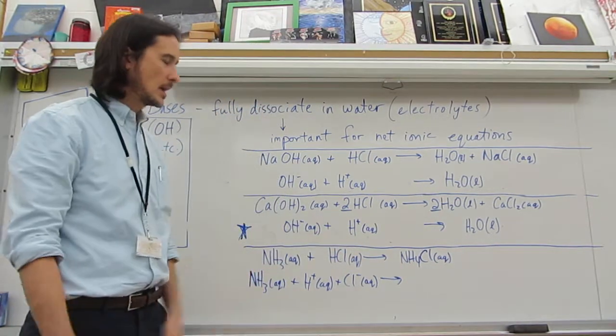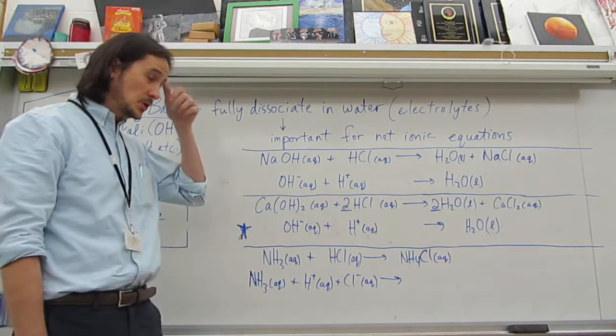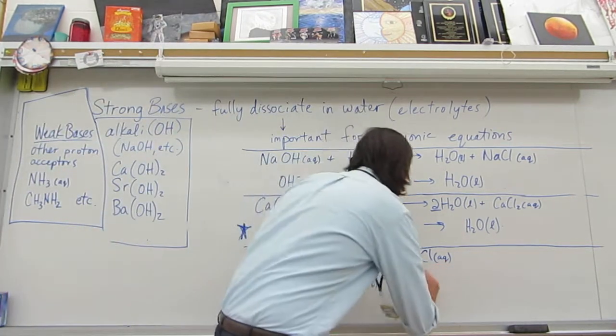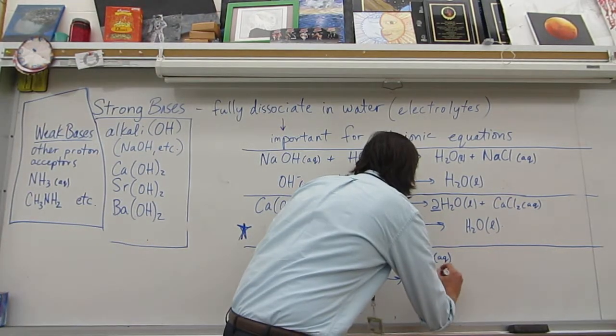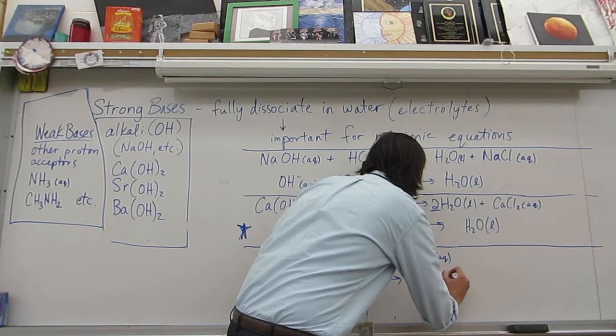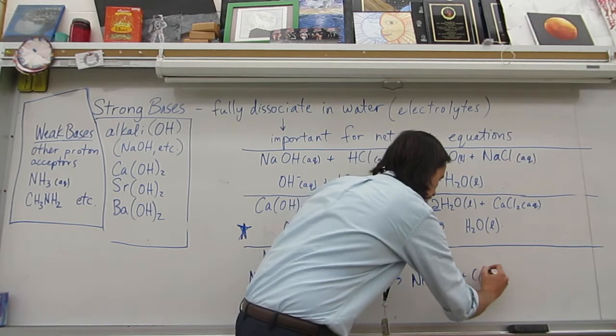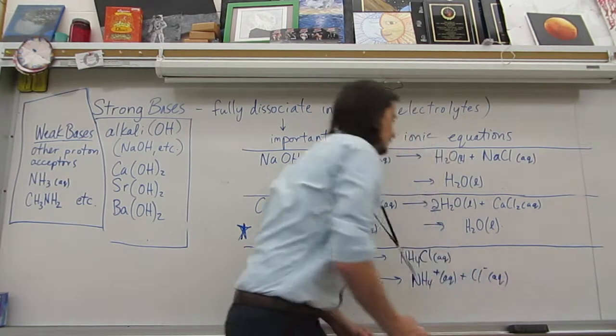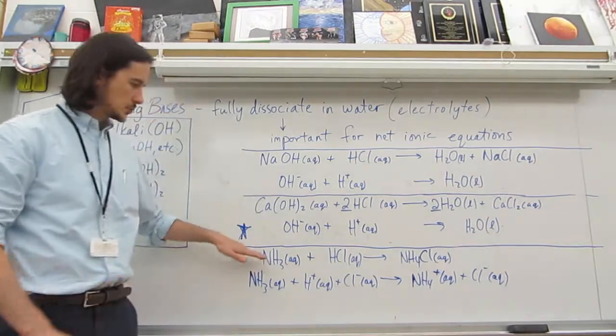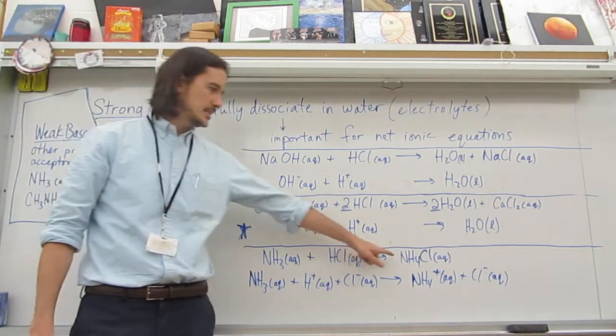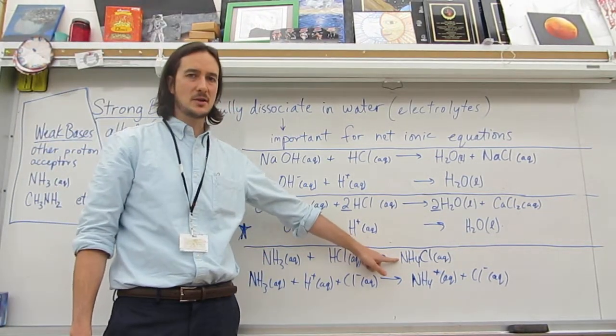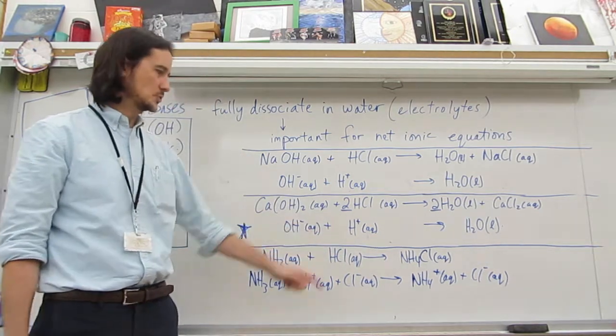So we have an ammonium compound. Ammonium compounds are soluble. So you should go back, make sure that you have this written down for the product side of your weak base plus your strong acid.